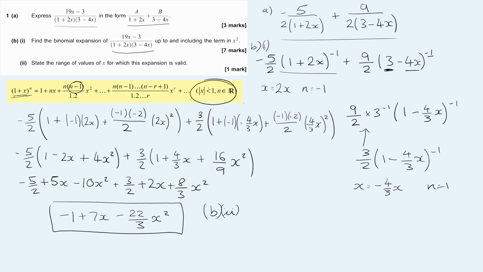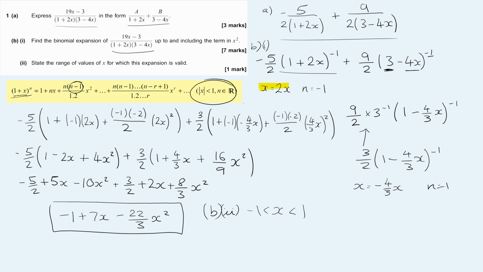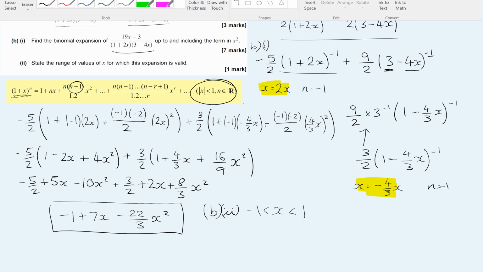So when x is put into this expression, the absolute value of x must be less than 1. Another way of interpreting that is that x must be between 1 and -1. But we've already stated earlier on in this question that for the first expansion, x was being put equal to 2x. For the second expansion, it was being put equal to -4/3 x.